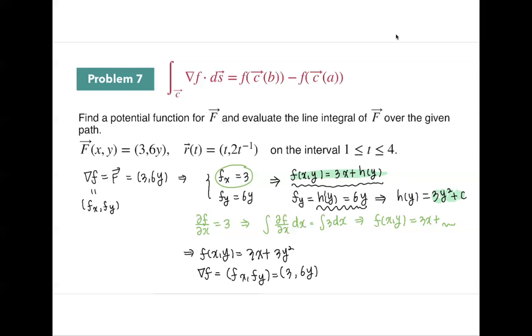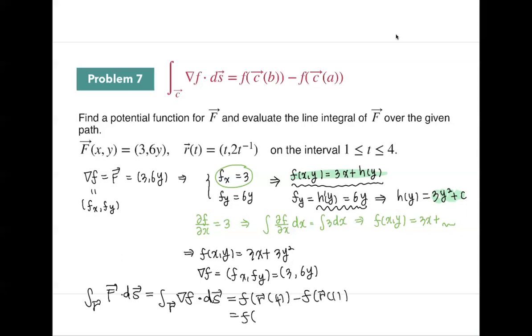So in this case, we want to evaluate the line integral of f along the path. Since it is just the gradient of f, by the fundamental theorem of calculus, it is f of the end point minus f of the first point.